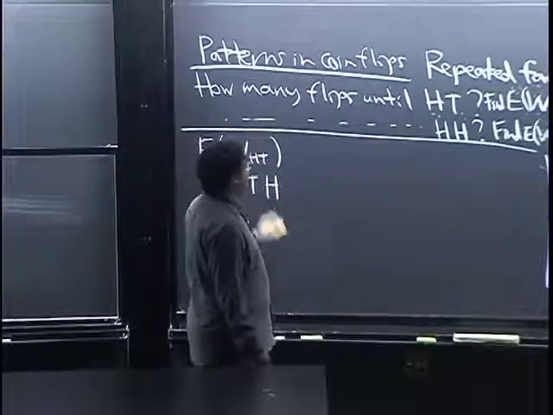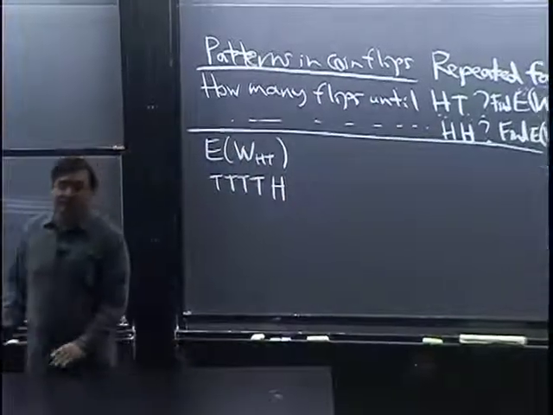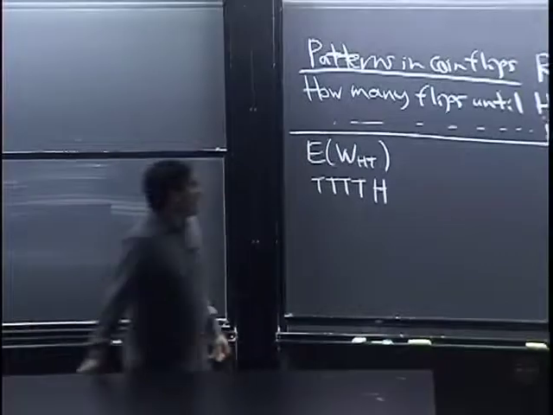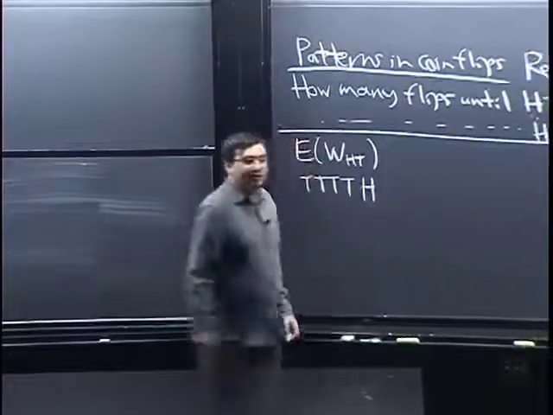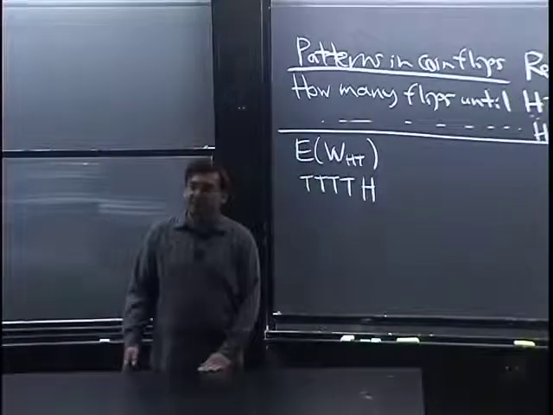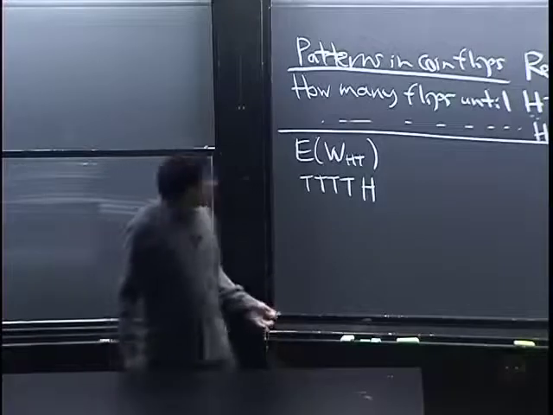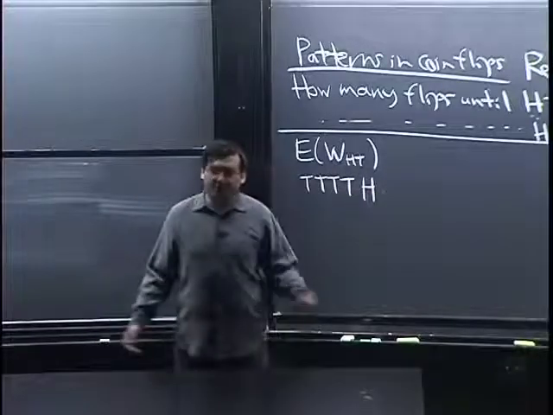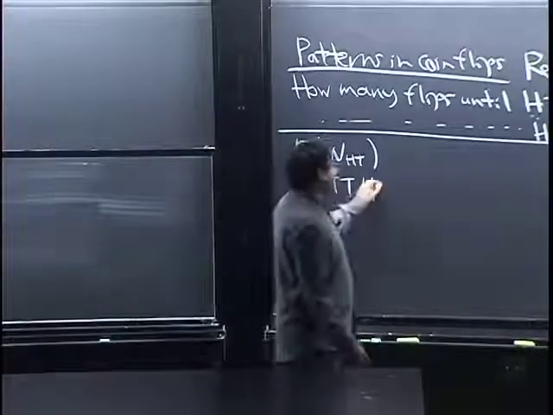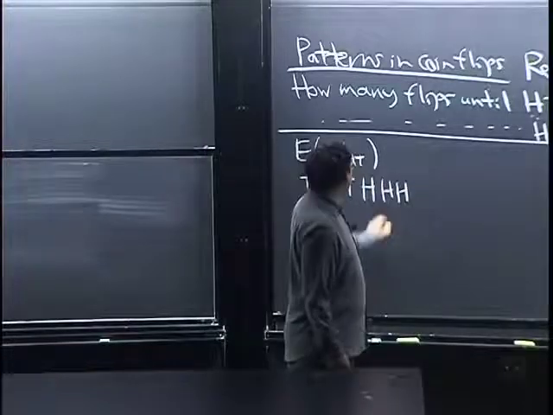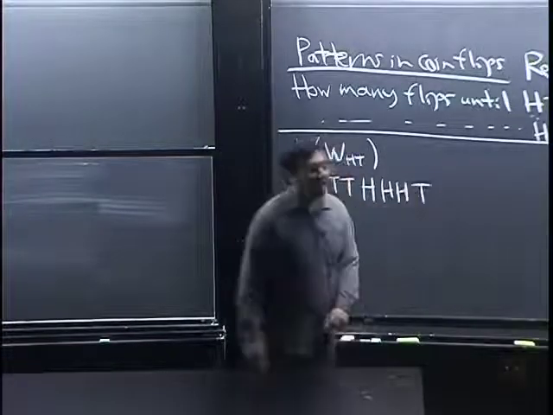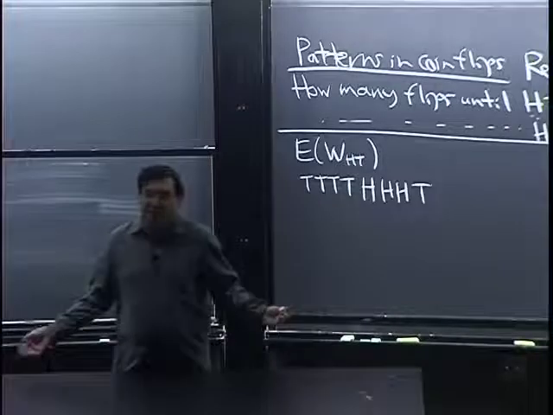Eventually, the coin will land heads, right? Now, once this has happened, we've made partial progress, because if the next flip is tails, then we're done. But if not, that's okay. Heads, heads, heads. Eventually, it'll be tails. So then we're done, right?